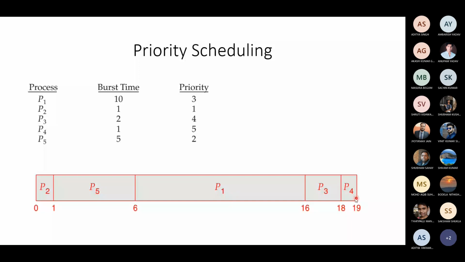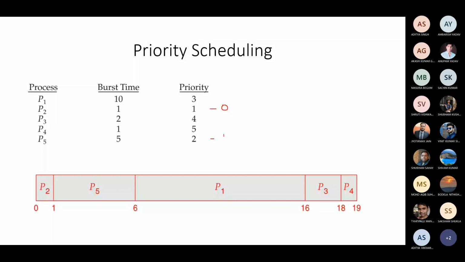Calculate the waiting time for this scheduling. What is the waiting time for process P2, the first priority process? It is 0, right? It did not wait for any amount of time. Directly it went and started its execution. Second priority, how long did it wait? 1 millisecond. Okay.